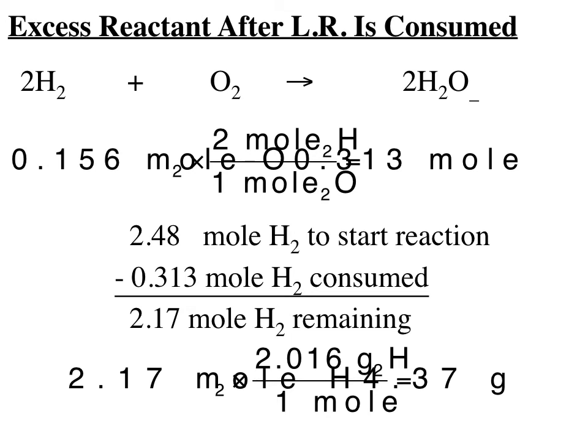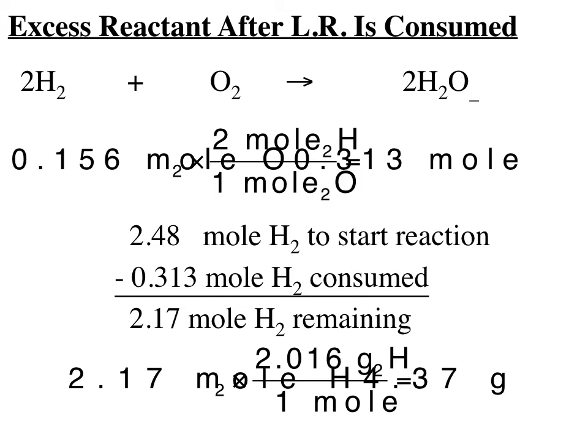Because there's a 2 to 1 ratio of H2 to O2, I find that using every bit of that 0.156 moles of O2 will use 0.313 moles of H2. I had 2.48 moles of H2 total in the pot. The O2 can use up 0.313 moles of it, so I subtract that from the starting number of moles of H2 and find 2.17 moles of H2 remain.